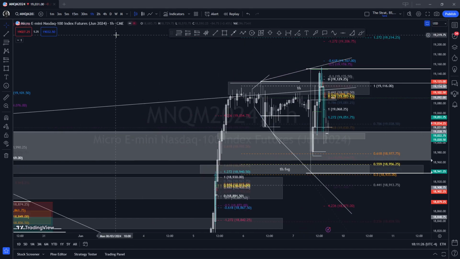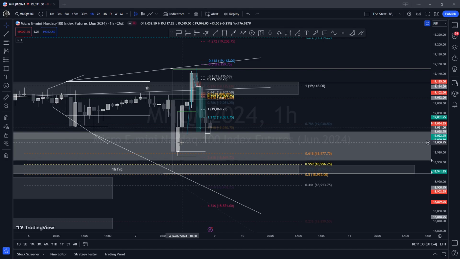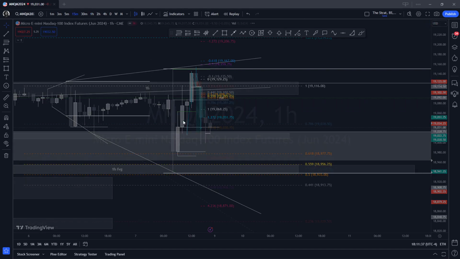Again, Jordan is better with ICT than I am. I'm more of a strat trader, but as far as the order block is concerned, from what I understand it's going to be the three candles.